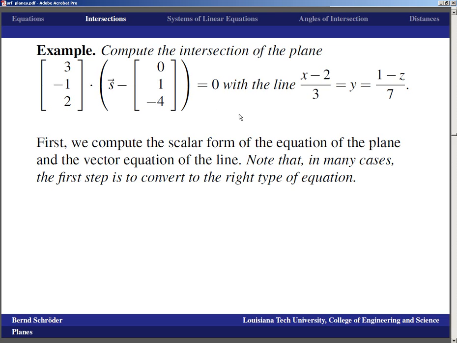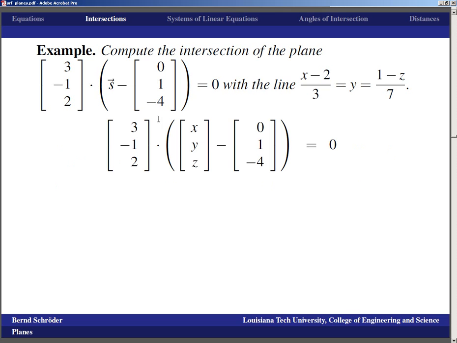I want you to be able to fluently convert between these types of equations. In many problems, whether we talk about intersections or angles of intersection, the first step is to convert to the right type of equation so you have the data available that is appropriate for the computation. So let's first find the scalar equation of the plane.